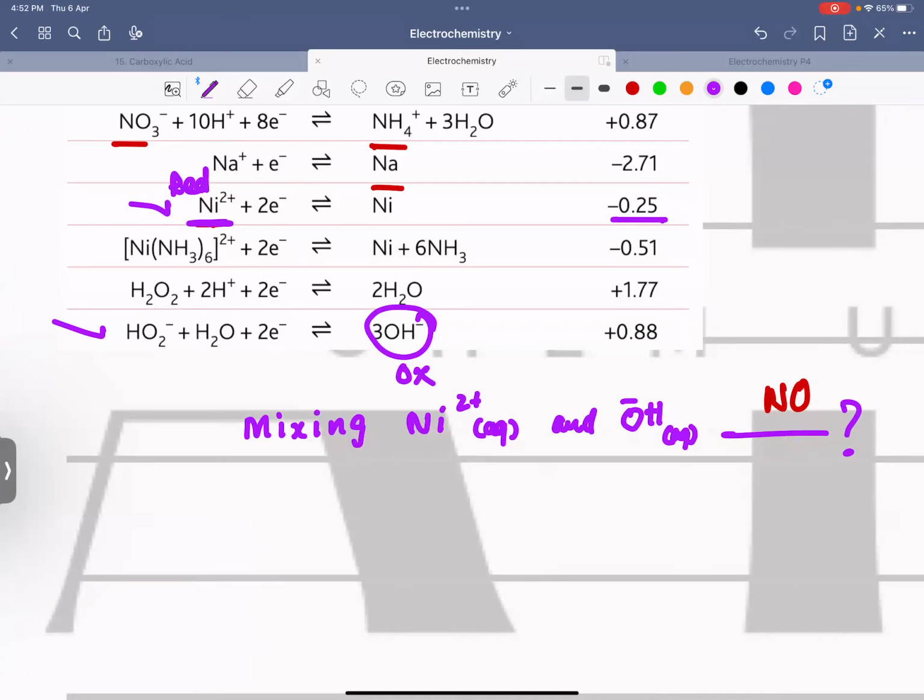Yes, then it would happen. Or the other way, for example, if I have this reactant and this reactant, then the reaction would take place. Because if the nickel element is my reactant, then it always undergoes the backward reaction, which means it would undergo oxidation.